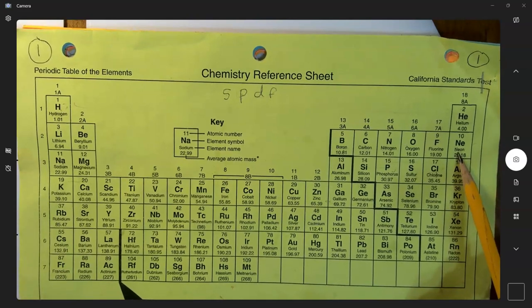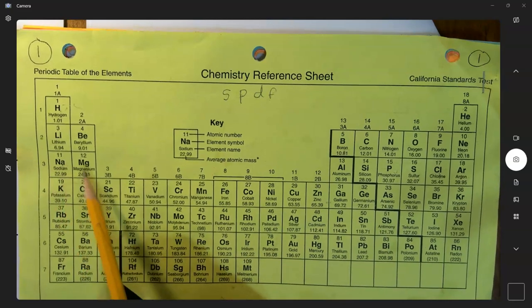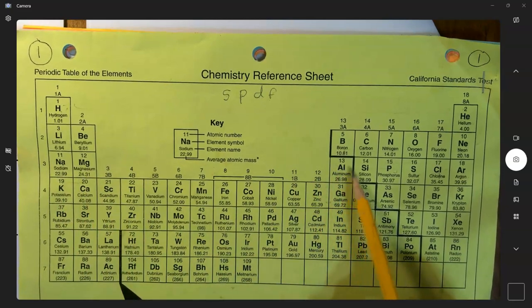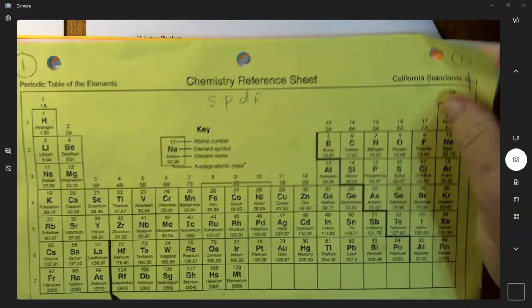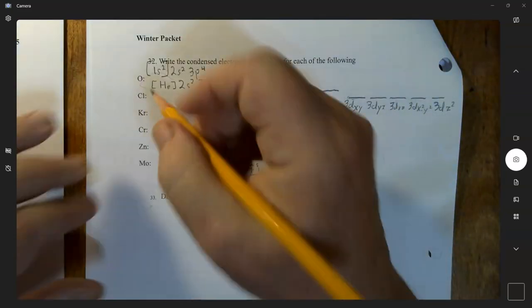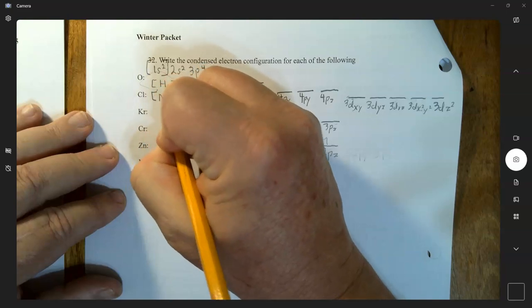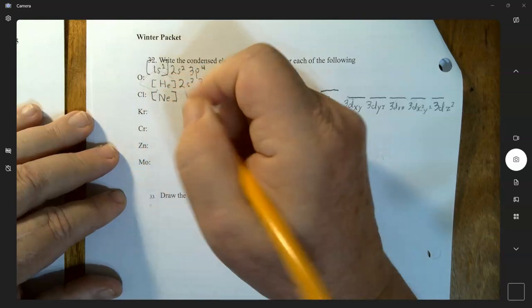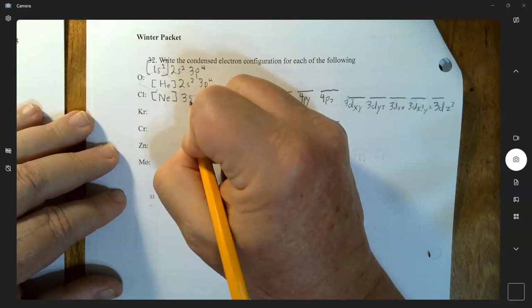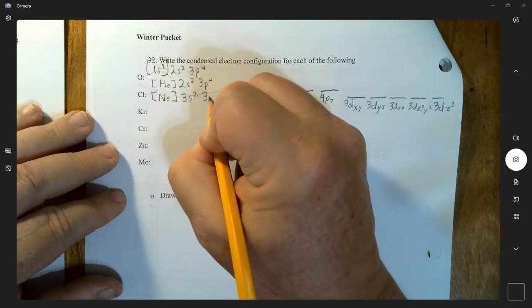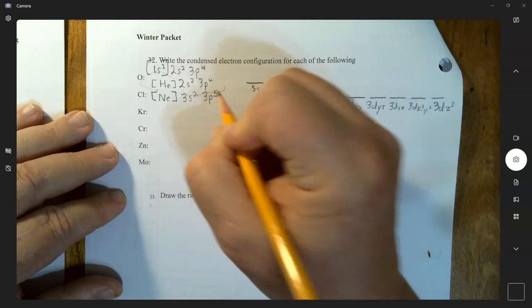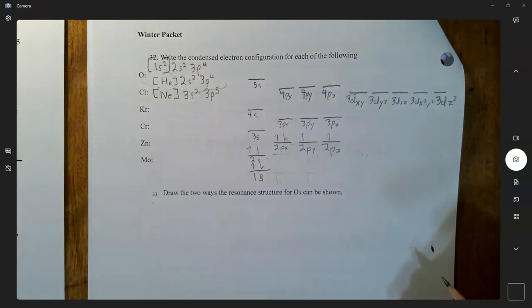Start with the noble gas in the second row, and then add 3s2 and 3p5. The noble gas in the second row is neon. And that's the condensed electron configuration for chlorine.